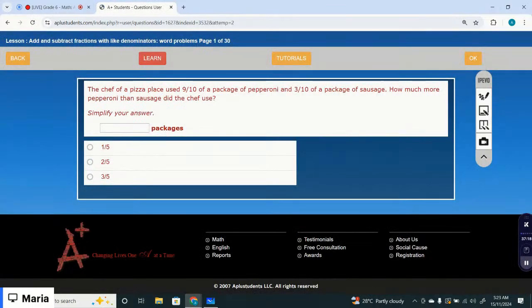The chef of a pizza place used 9/10 of a package of pepperoni and 3/10 of a package of sausages. How much more pepperoni than sausage did the chef use?